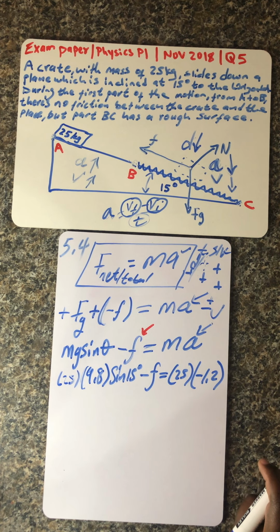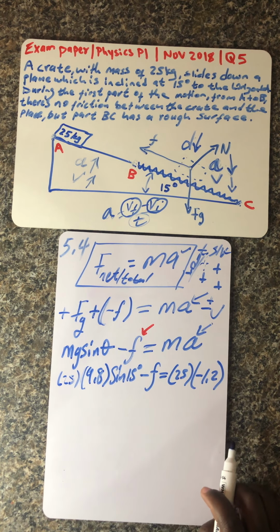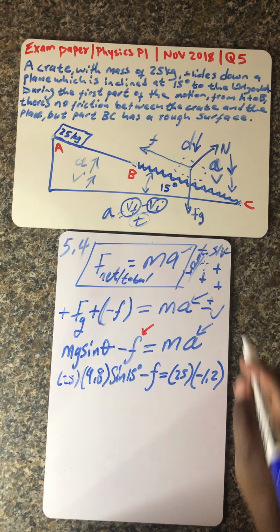This is the starting point of training you on how to think, analyze, derive equations and solve problems. So guys, it's very important that you try by all means to read the statements, draw the diagrams if necessary based on the given statements, and be able to select the right formulas to use.